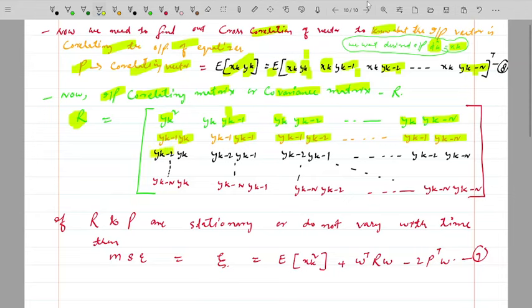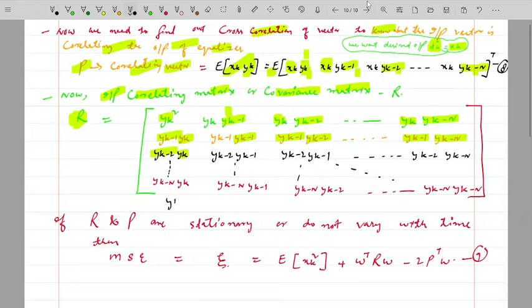So y of k minus 2 is multiplied again, or we can say y of k minus 1, k minus 2, all are multiplied with the y of k. One thing I will write here to help you understand better.